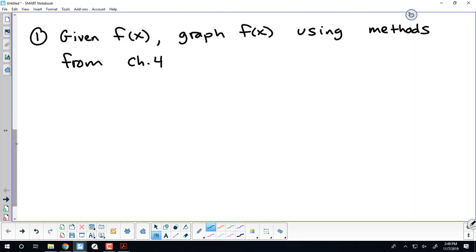So I'll say make sure you identify the domain, the intervals of increasing, decreasing, etc. So you're coming up with this kind of picture for your function: decreasing, concave up, increasing, concave up, decreasing. You know, that stuff from 4.4.